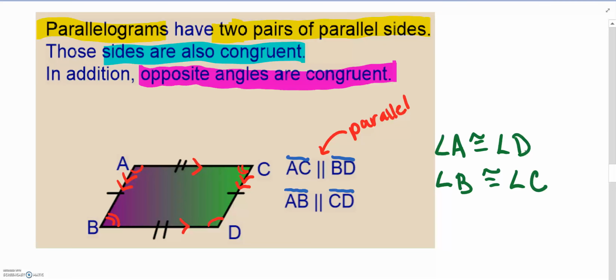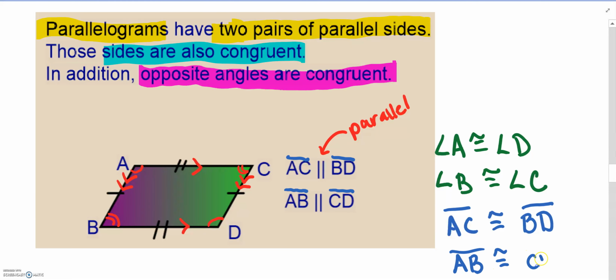Now, to show that the sides are congruent to each other, we would use the following notation. Side AC is congruent to side BD. And then side AB is congruent to side CD.